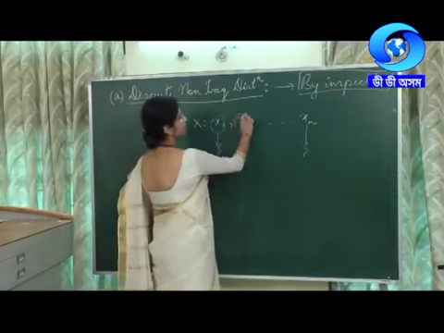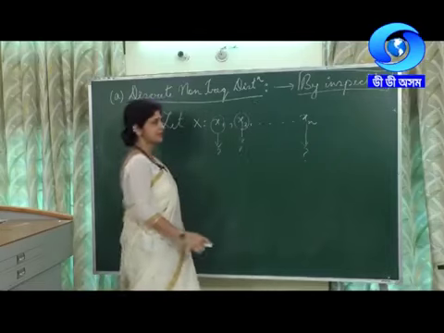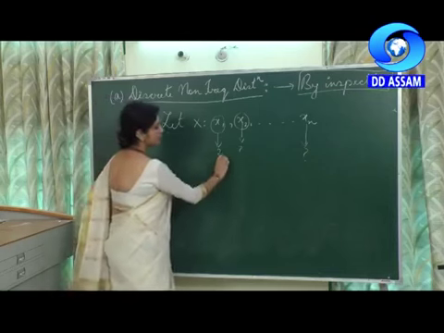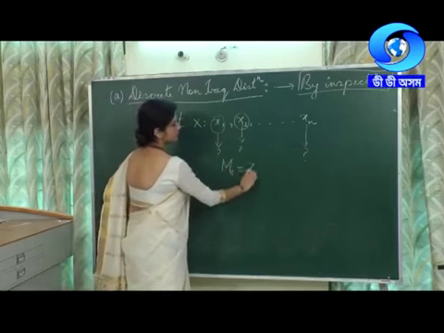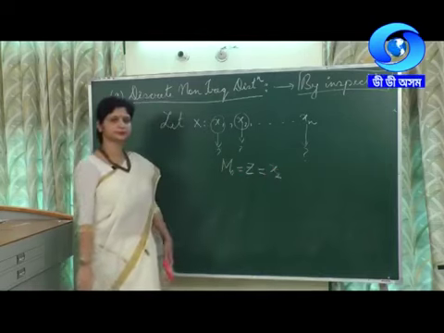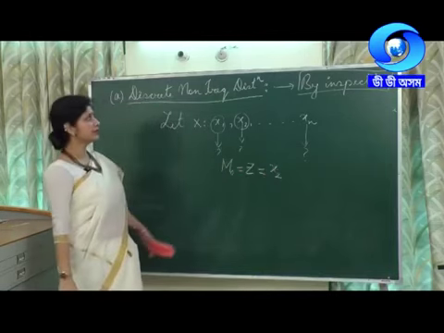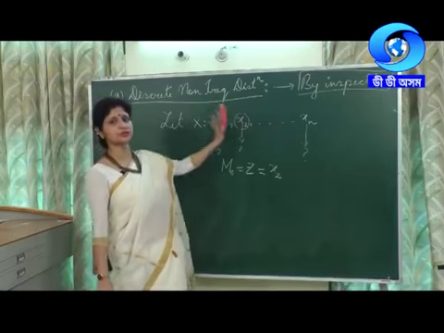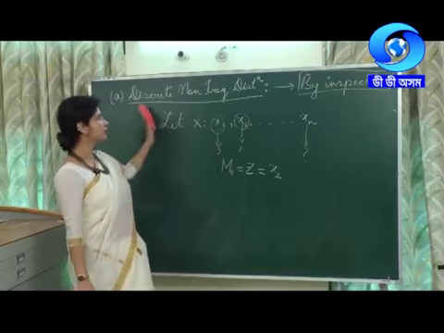Supposing x2 is occurring maximum number of times, in other words x2 has the highest frequency, then mode will be x2. All right, so there is no specific formula; through mere inspection we can find the value of mode.